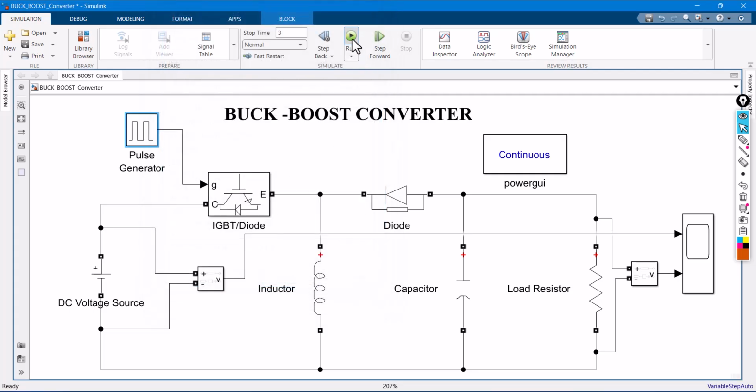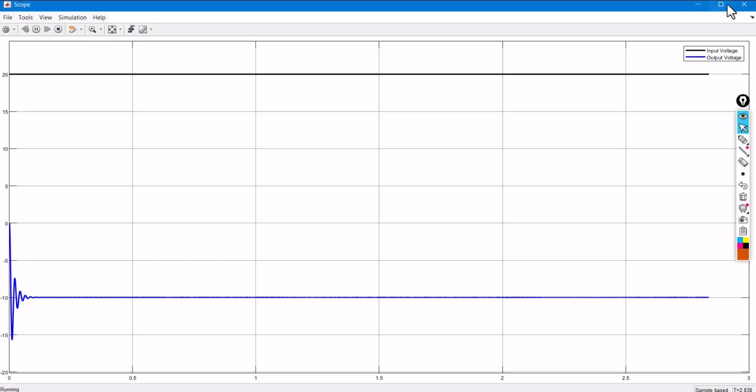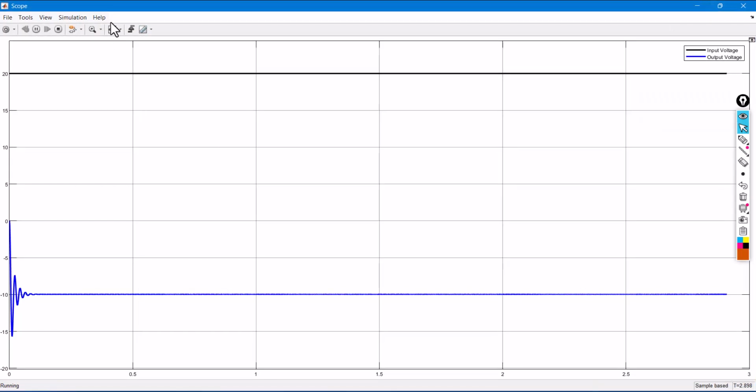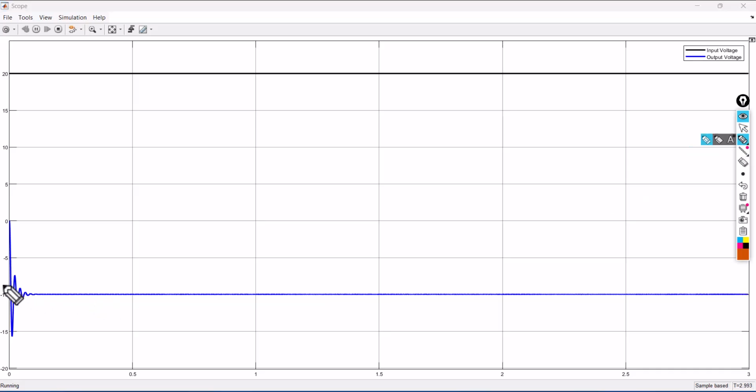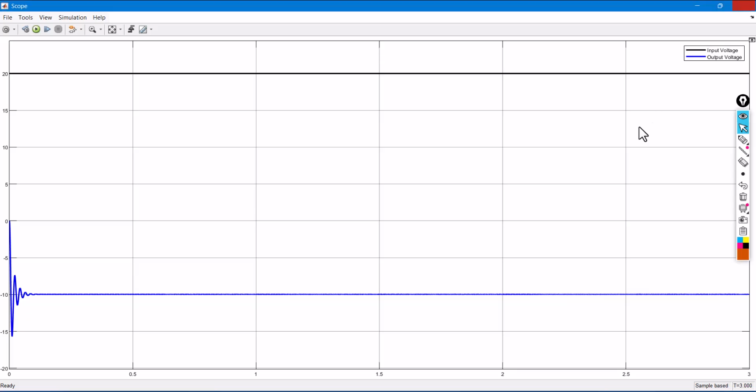Okay, so if you run the system, look at this. It's working in buck mode, but I'm getting a negative output voltage of minus 10 volts because of the inverting output.